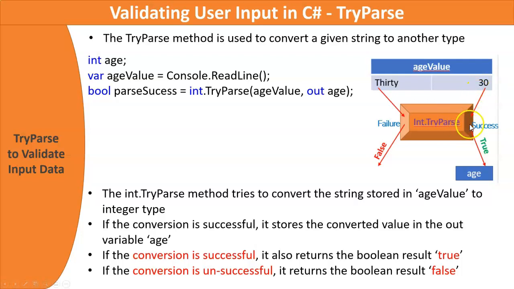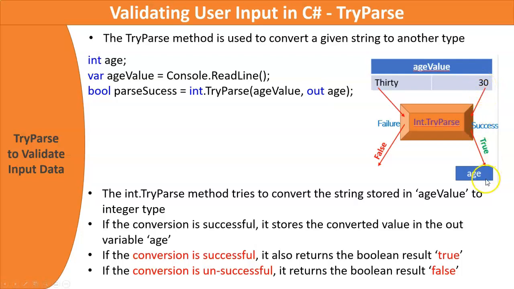So this method will return a true result, and that will be stored into the Boolean variable on the left hand side. At the same time, the converted value 30 in the form of integer type data will also get stored into the out variable as the second argument over here. So the out variable age will now be stored with an integer version of this data.